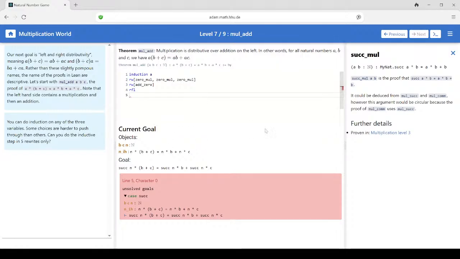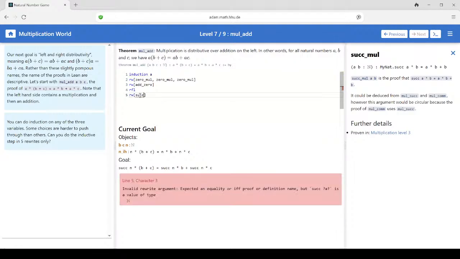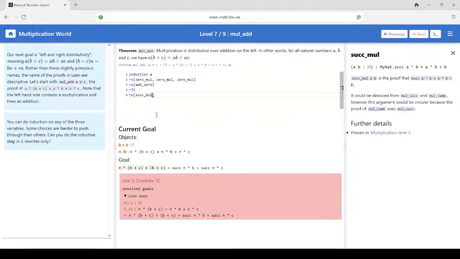Anyway, we can turn the successor of something times that something else into those two things multiplied together plus the thing it's being multiplied by. Which definitely seems like the right option. It turns it into this.